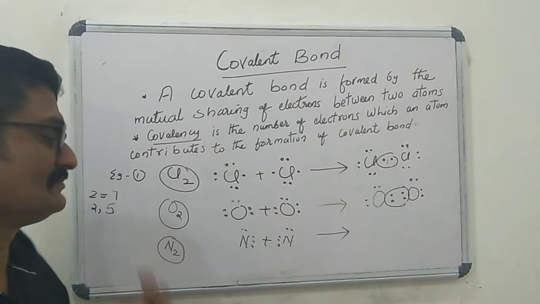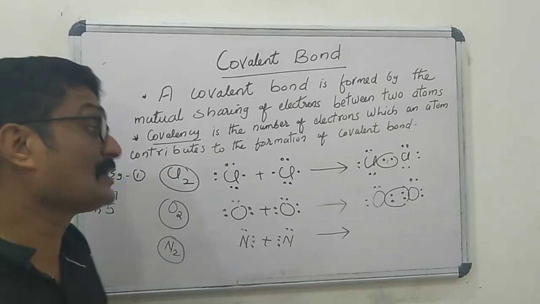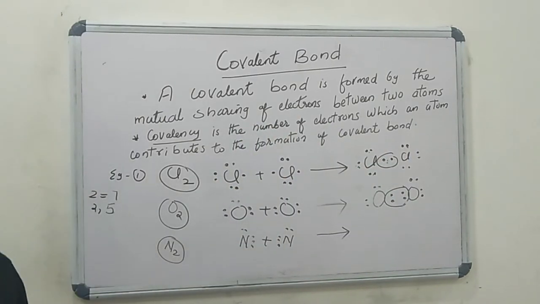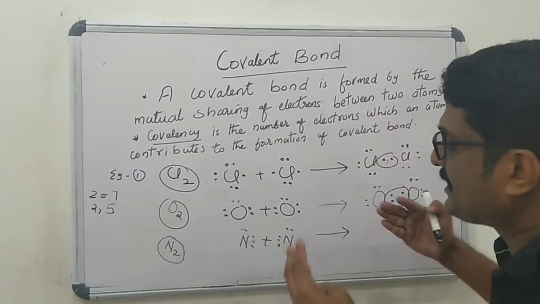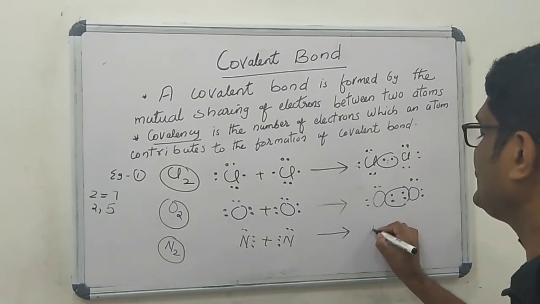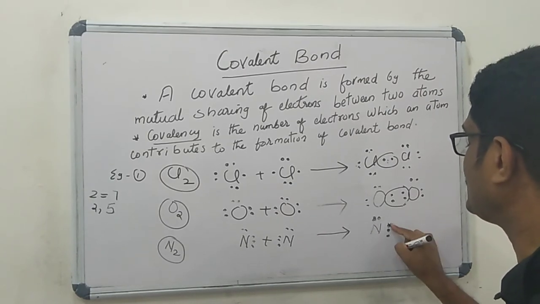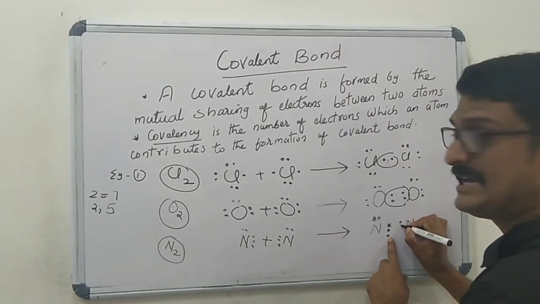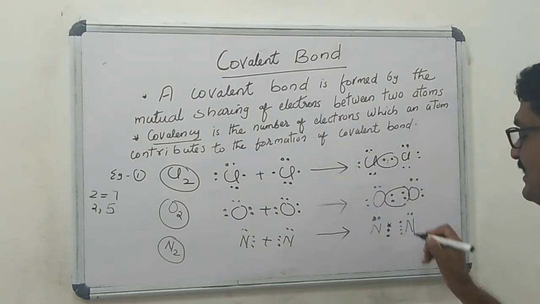Each nitrogen atom requires 3 more electrons to complete the octet configuration. When 2 nitrogen atoms combine together, the 3 electrons of the first nitrogen are shared with 3 electrons of the second nitrogen.